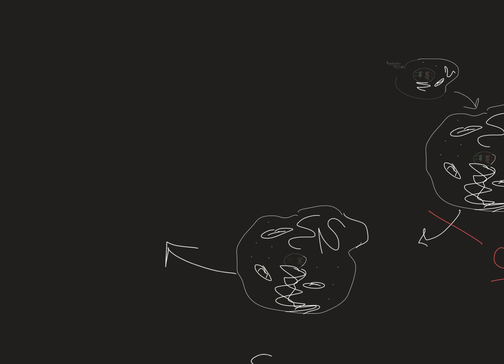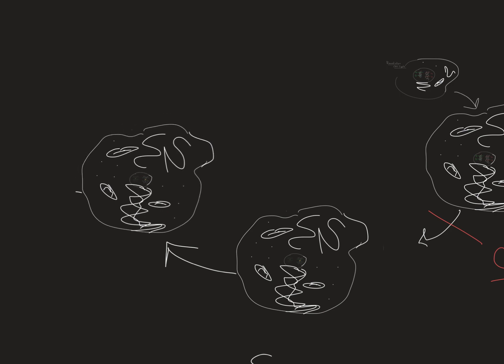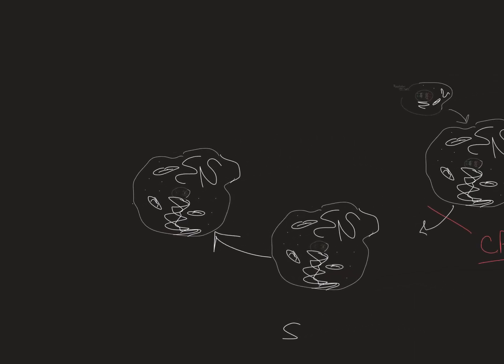And in G2, the only thing that's really going on, you're not really getting that much bigger. You're just checking to see how it all went. You're making sure that there's no errors. If there's errors in the duplication of the material, you just got to check. So what does that suggest that there is in G2?